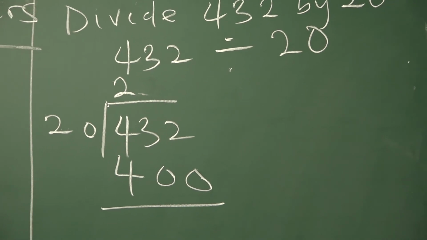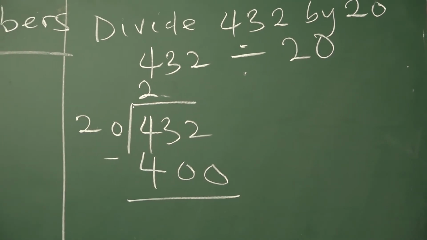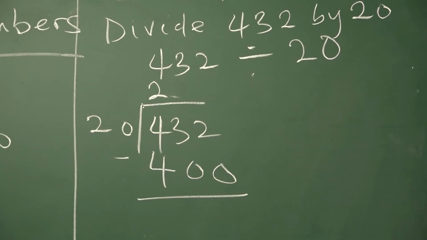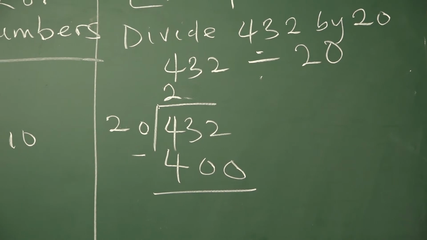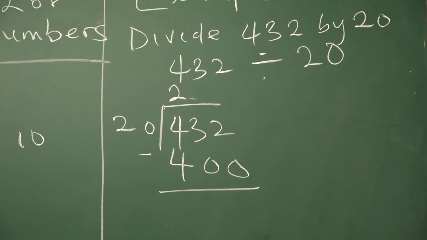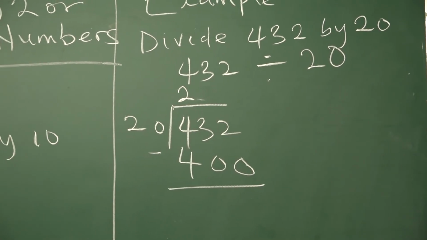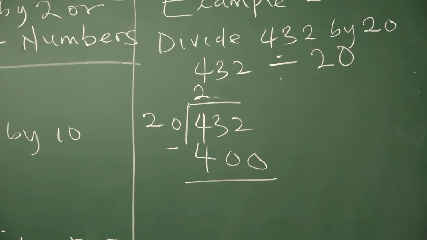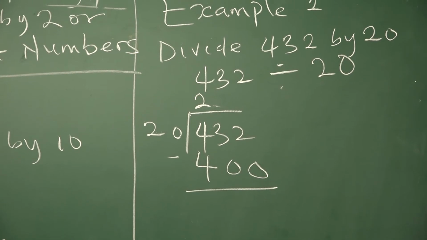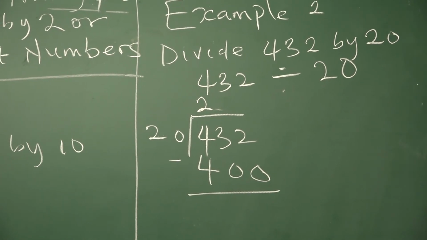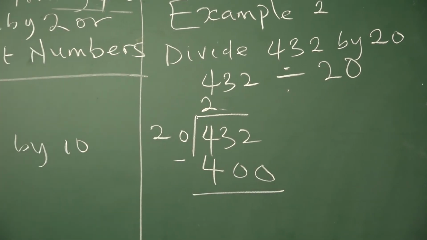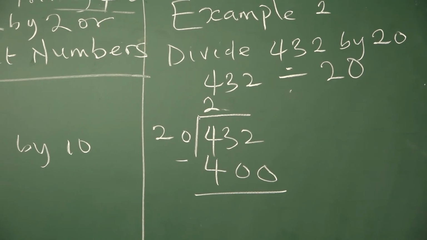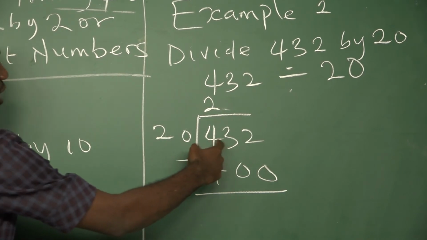It's time to do subtraction, which is otherwise called minus. We will now minus the result of our multiplication from the original number we were given. The original number is 432.